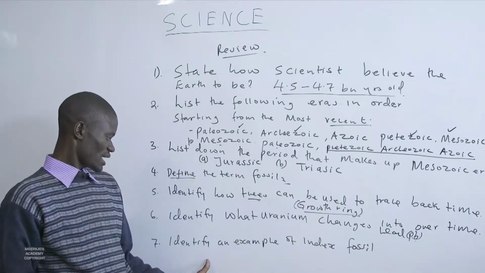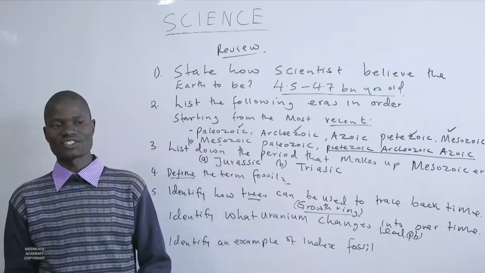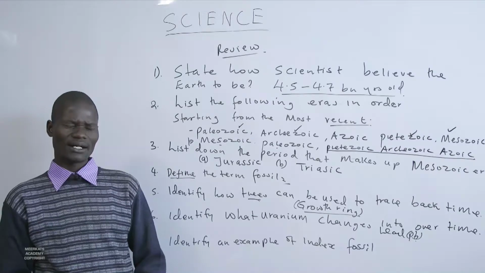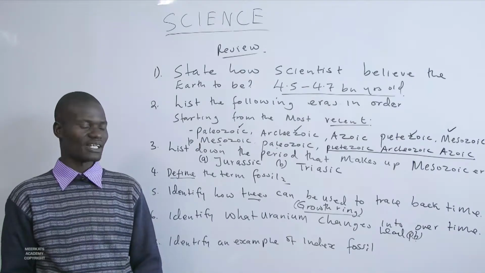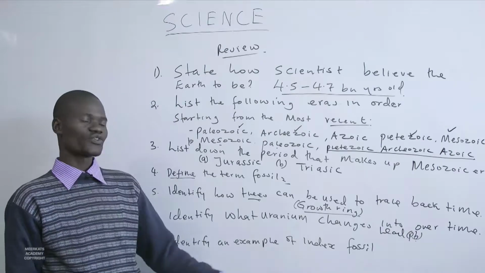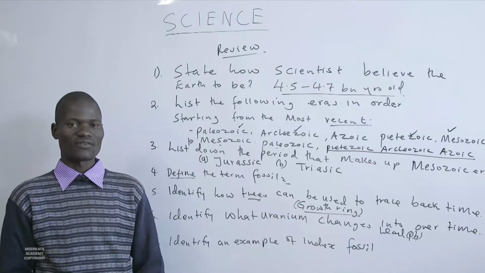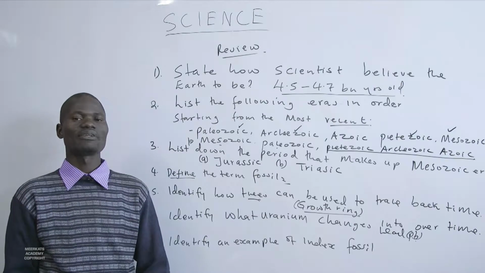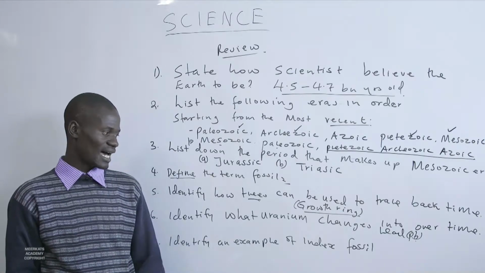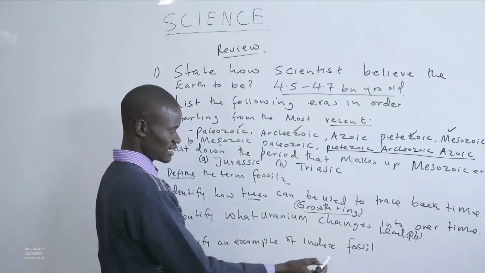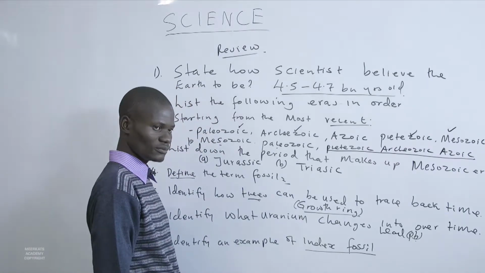The last question: identify an example of an index fossil. Index fossils, remember, we learned that they are fossils that are short-lived, formed for a short period of time, and therefore mostly they are found on the edges of rocks.